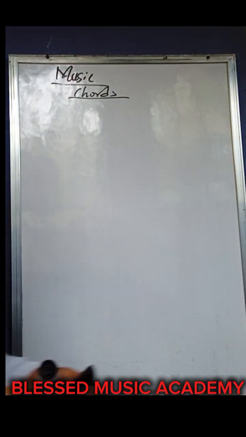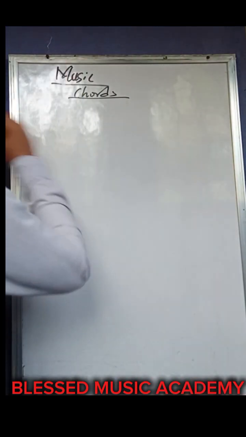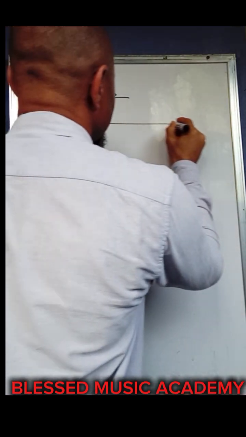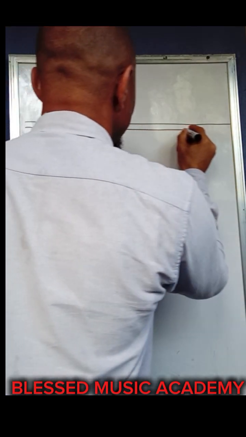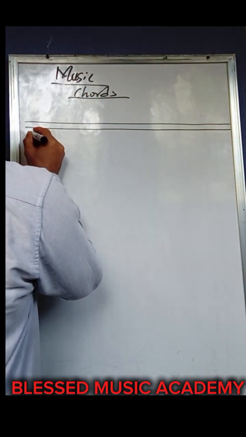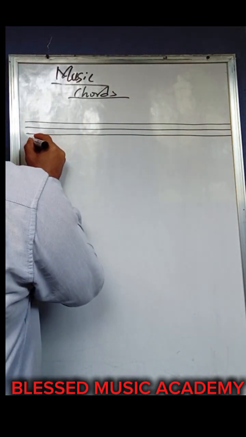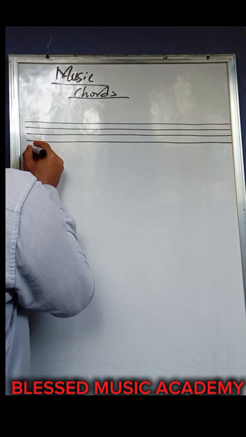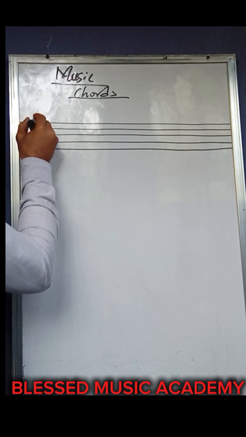For you to form any chord on the staff, you have to draw your 5 lines and 4 spaces. Please don't mind my line, I'm not using a ruler.